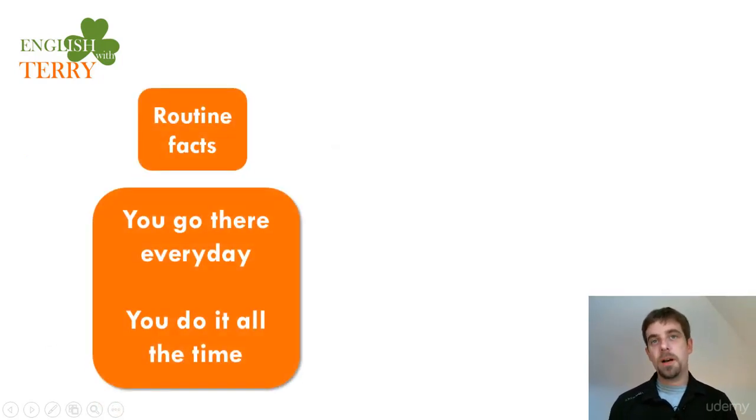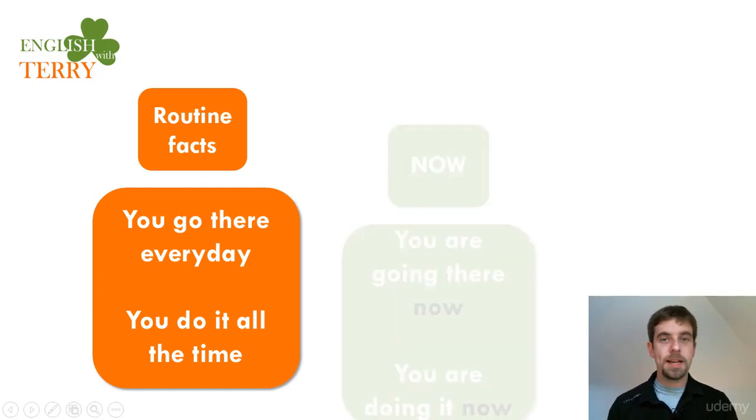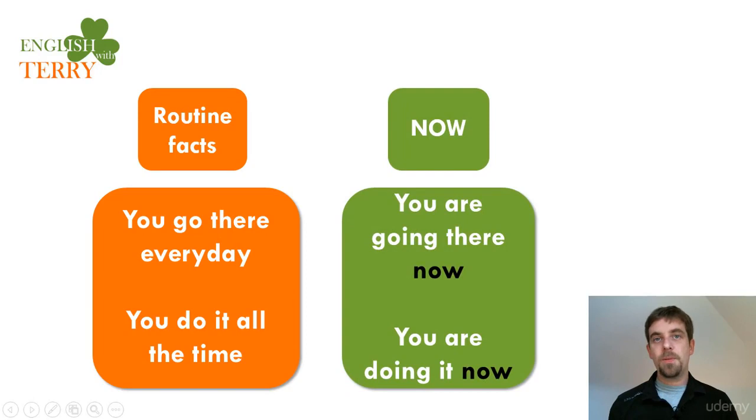We talk about two basic ideas. One idea is about routine and facts: you go there every day, you do it all the time. When you describe your life, that's routine or facts. Another idea is about now, with the ing: you are going there now, you are doing it now.